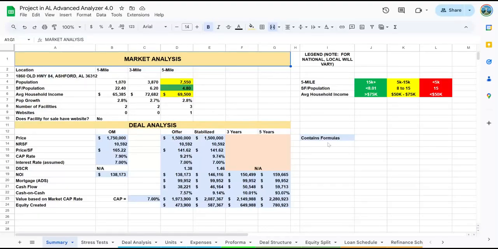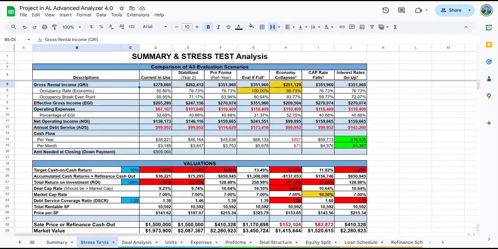So once you have all your numbers entered in, you'll want to test your facility to see how it performs under different economic situations. So we come down here to our stress test tab.